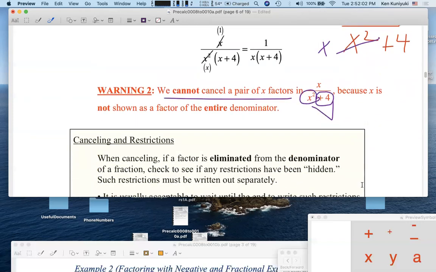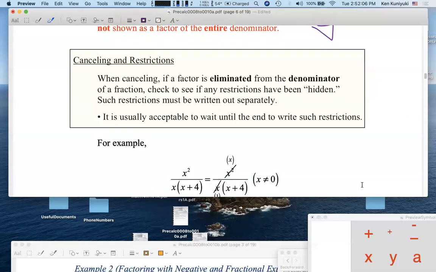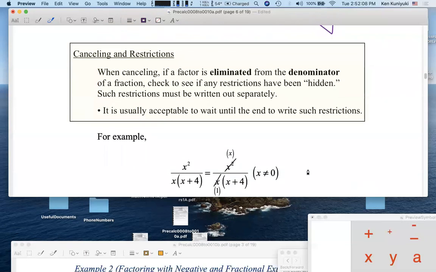All right. Another thing you have to be aware of, hidden restrictions could also arise. For example, if we want to simplify x squared over x times the quantity x plus 4, well, x is a factor of the top, the numerator. X is a factor of the bottom, the denominator.